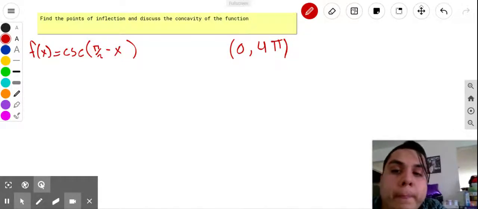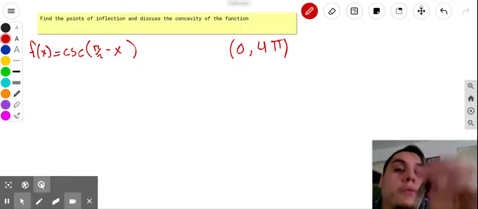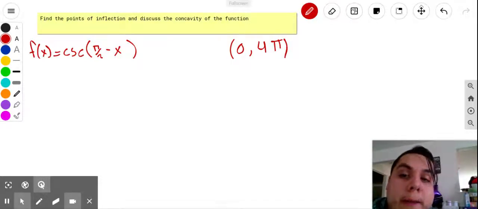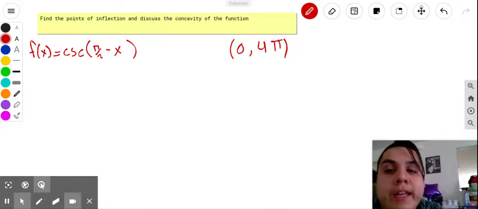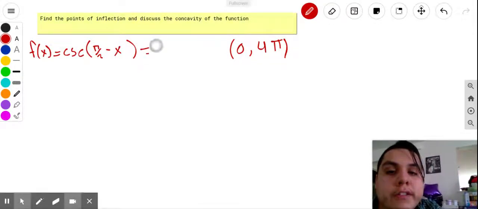All right. So the first thing you want to take a look at is, I don't like the way the cosecant of pi divided by 2 minus x looks, but there's an identity I can use, and it's a complementary identity. This is just secant of x.